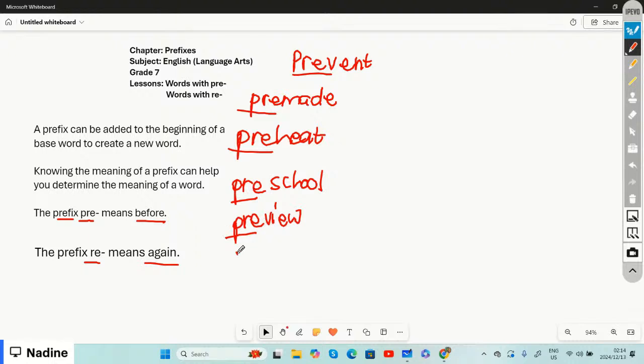We have pre-test. That's a test that we do before we write the actual test. And pre-plan.